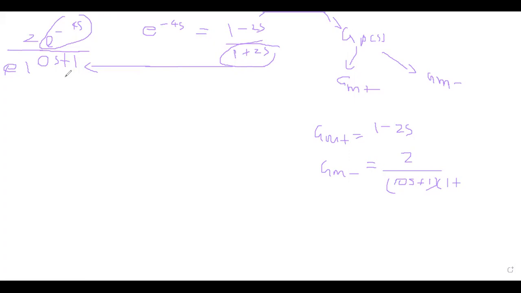To get this plus part from here, 10s plus 1, then get 1 plus 2s. So now this is GM minus, right? So basically what you have to do is, similarly, we need to get GCS.